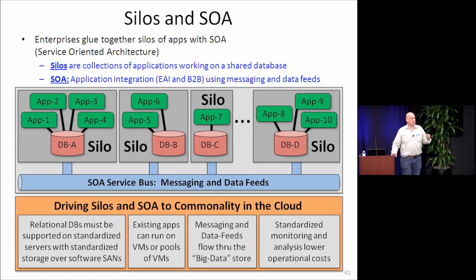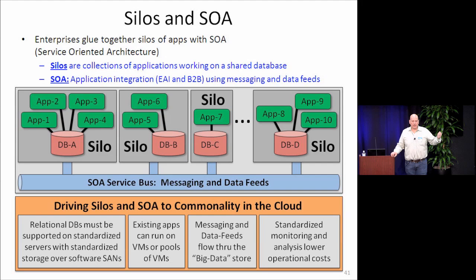But there are ways of pulling this stuff together. But what we want to do is drive those silos and SOA to commonality in the cloud. So the relational database is supported because I've got the legacy of it, because it's there and I haven't killed it yet, if nothing else. But I can do that on top of a shared storage environment, okay? And maybe not transparently, maybe I'm working off of snapshots of the data, maybe I've copied it off, but I can and should be able to get at older versions, maybe not very old, of the data for analysis.